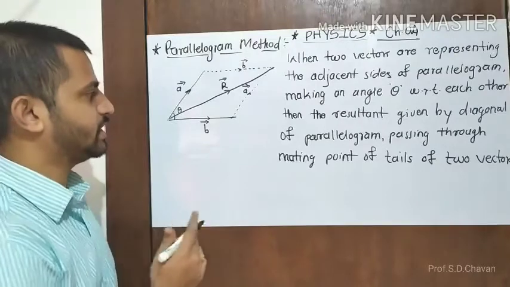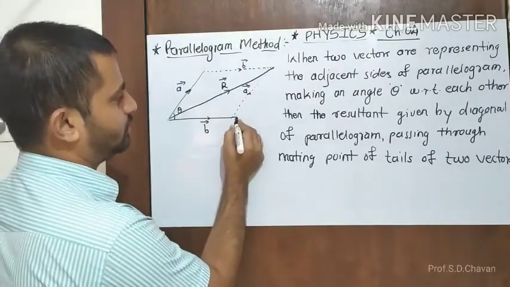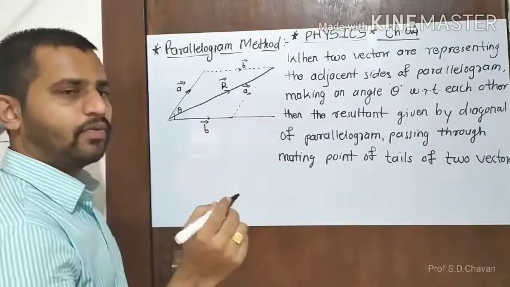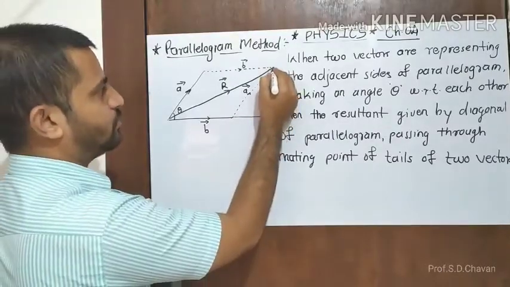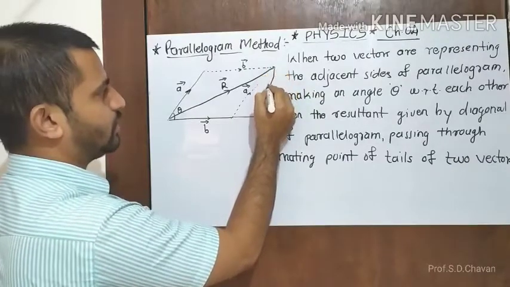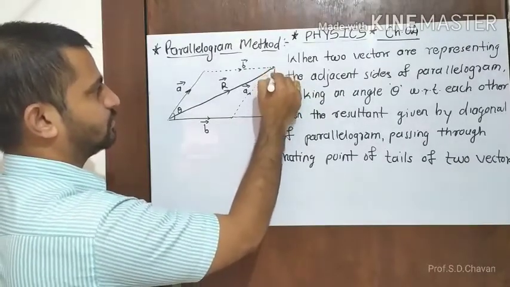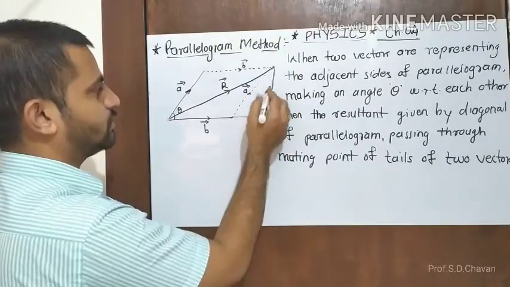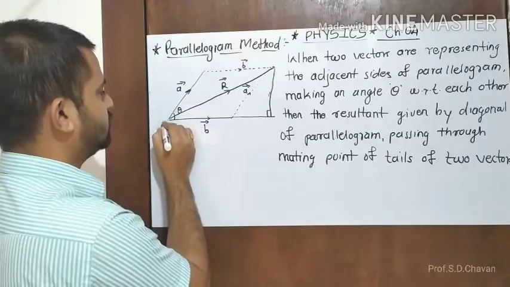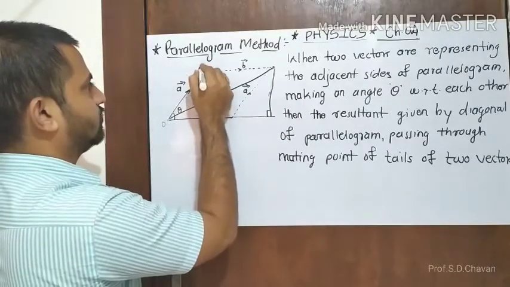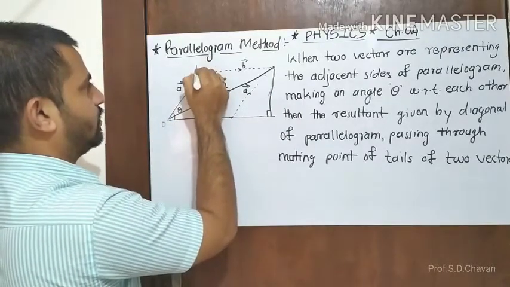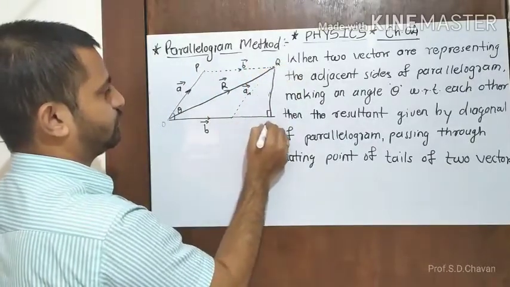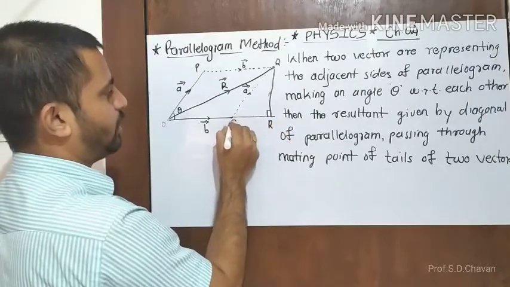We just have to extend this line, and we have to draw one perpendicular from this point on this horizontal line. Let us name this. This is the point O, this is the point P, the point Q, the point R, and this is the point S.